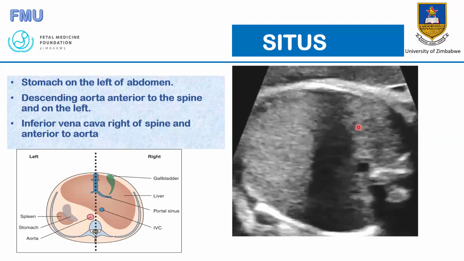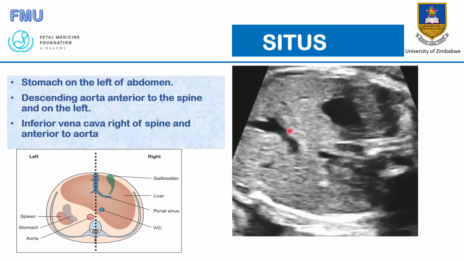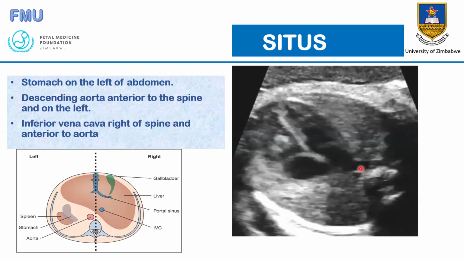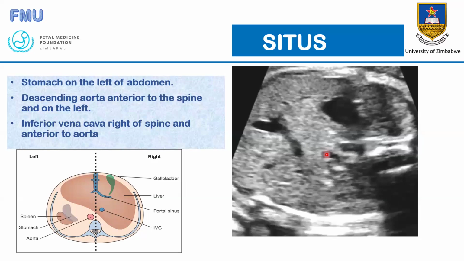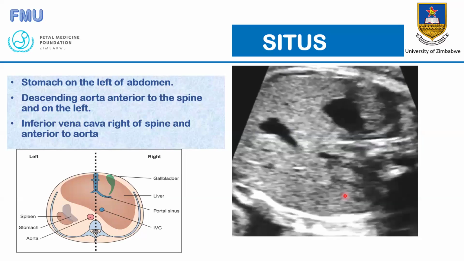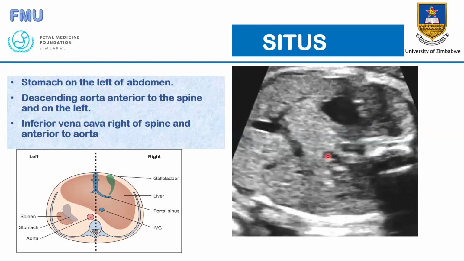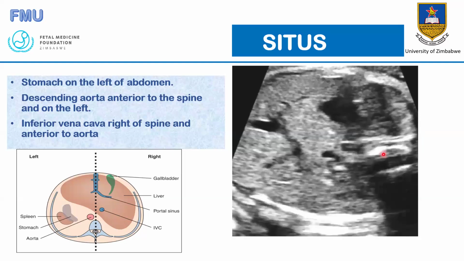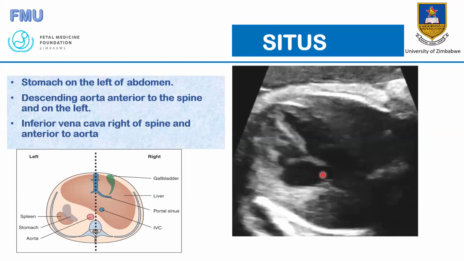On top of that, it's not enough to say you have seen the stomach and the heart on the left. You also have to see the aorta. This is the aorta here, and the inferior vena cava. The aorta should always be more towards the left, and the inferior vena cava more towards the right. This is the inferior vena cava there. The aorta is slightly to the left of the spine, which is here, and the inferior vena cava slightly to the right. That is very important.